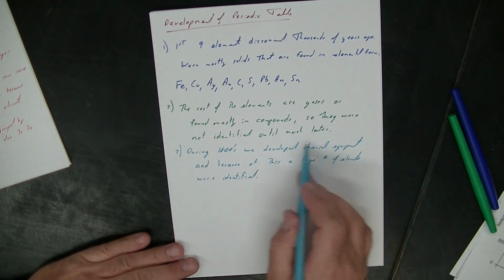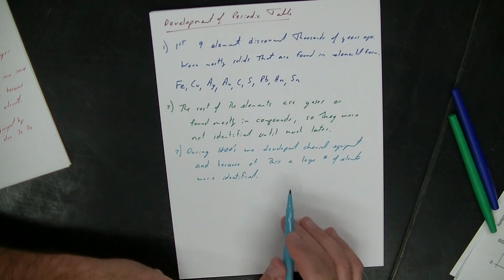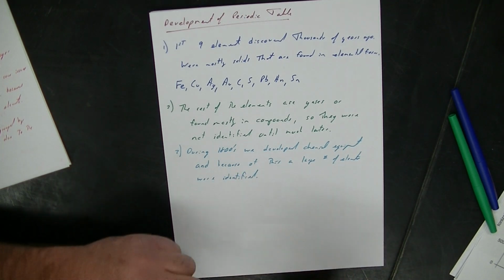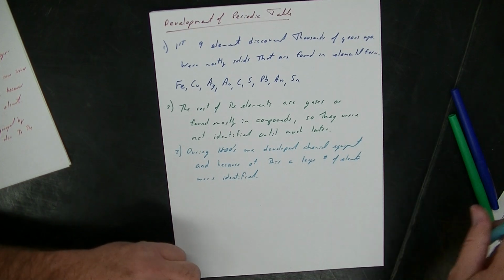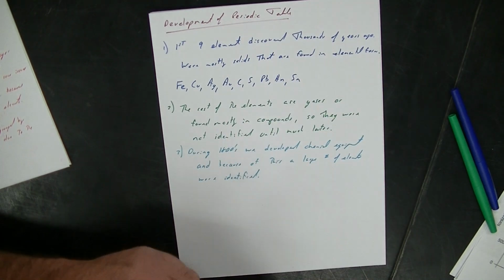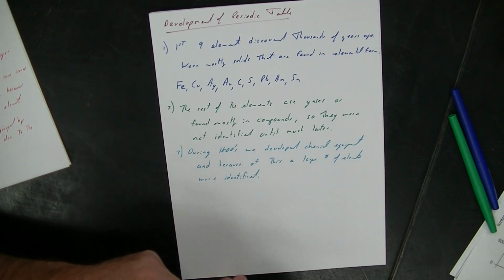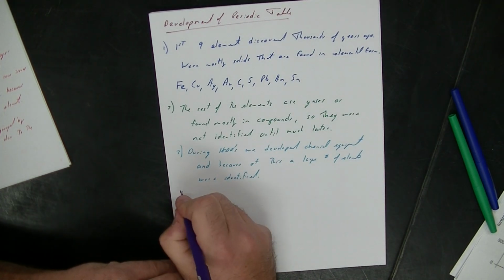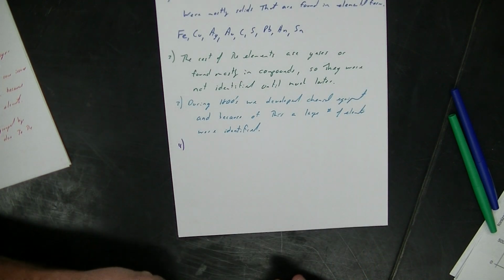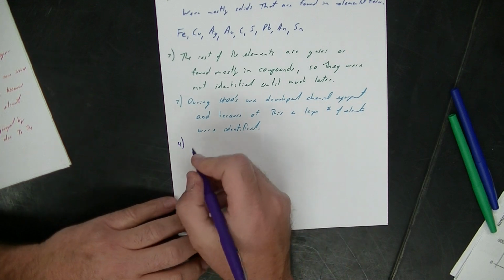So there was a huge uptick in the identification of elements in the 1800s. Well, we had people trying to categorize these elements, and there were two main people that actually developed the periodic table.